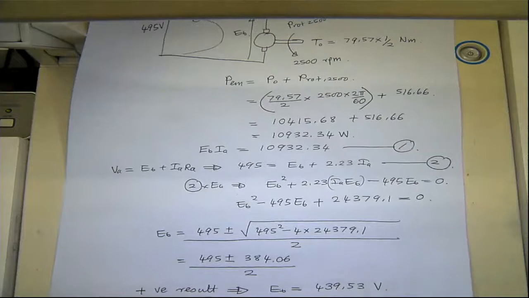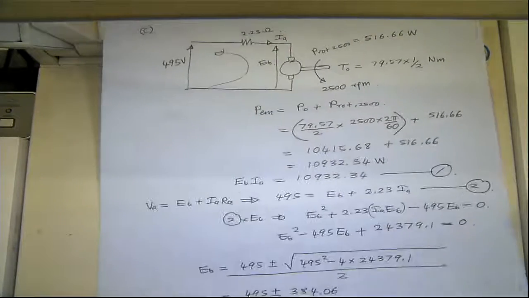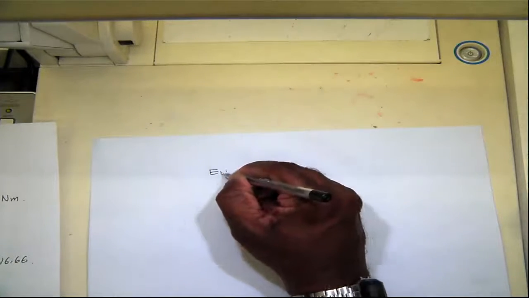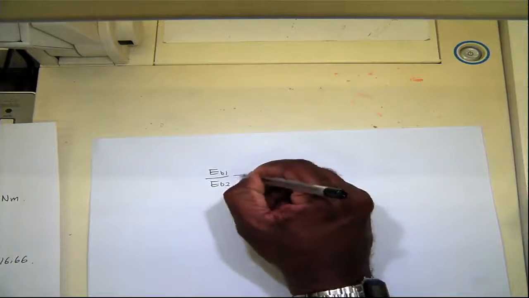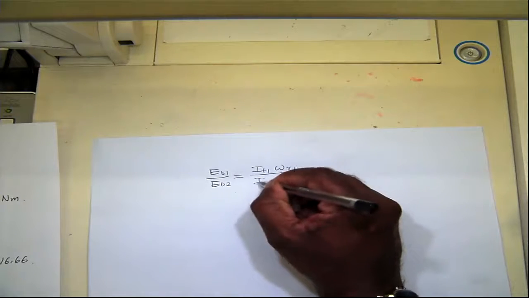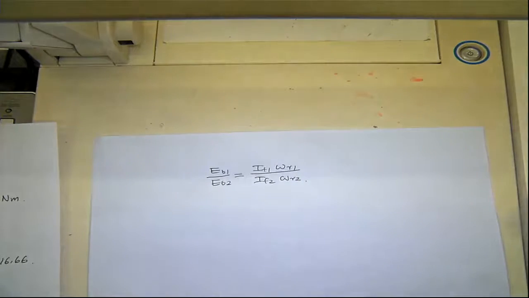So next, then you have to figure out the field current as well. So the calculation is the same. We have the first rated condition, EB1 over EB2 is equal to IF1 speed 1 divided by IF2 speed 2. This is the new condition.